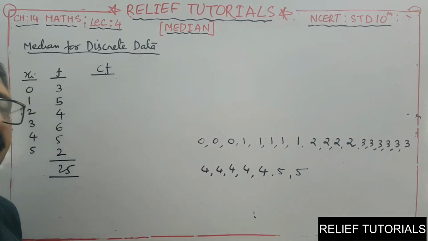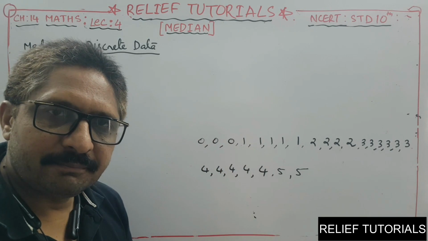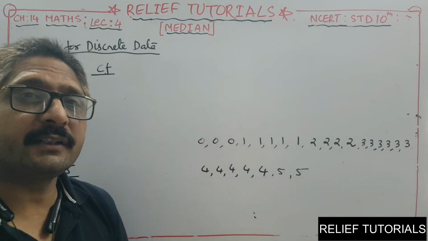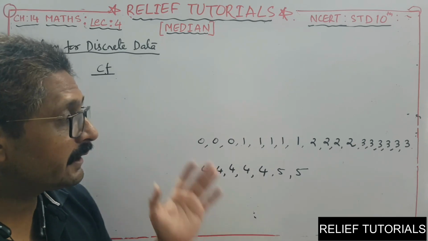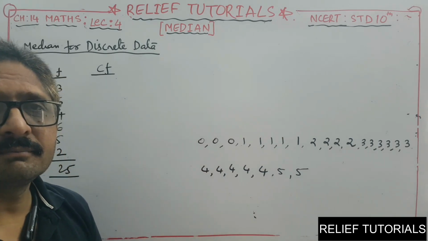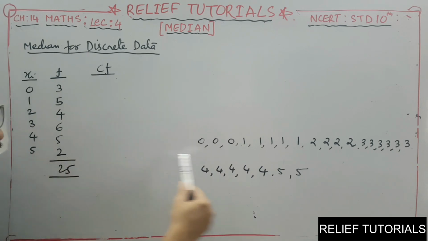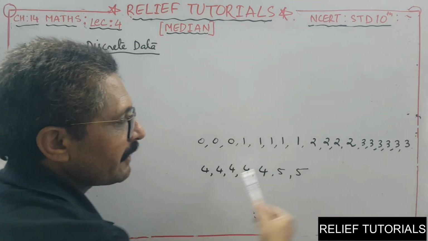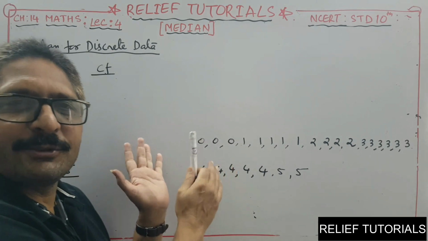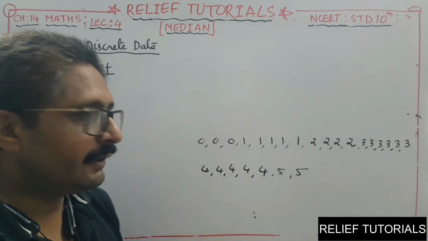So what we have done is converted grouped data into ungrouped data. It is very necessary to understand the term cumulative frequency, so we are trying to make it clear. Be aware. If you calculate the number of observations, naturally it is 25. Now that we have converted into ungrouped data, you know how to find the median.